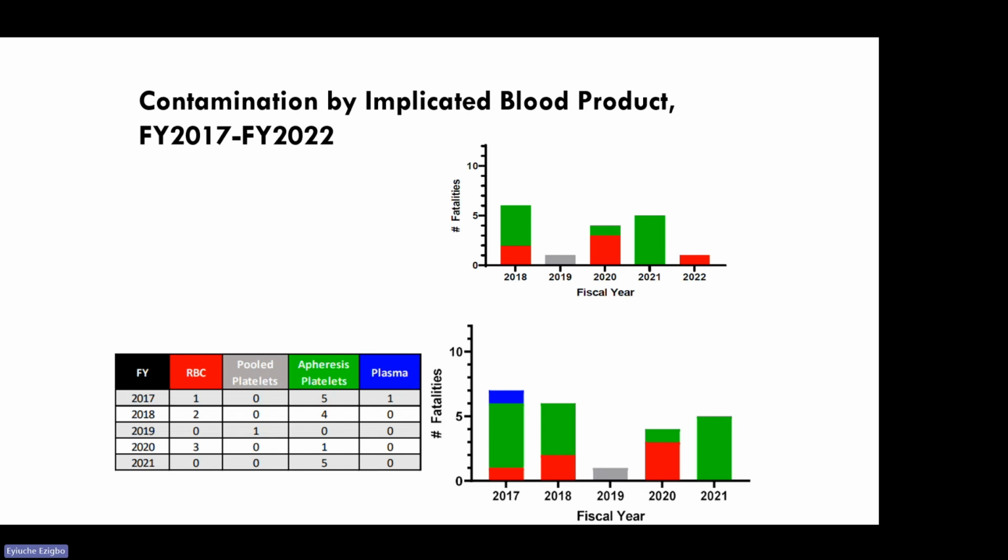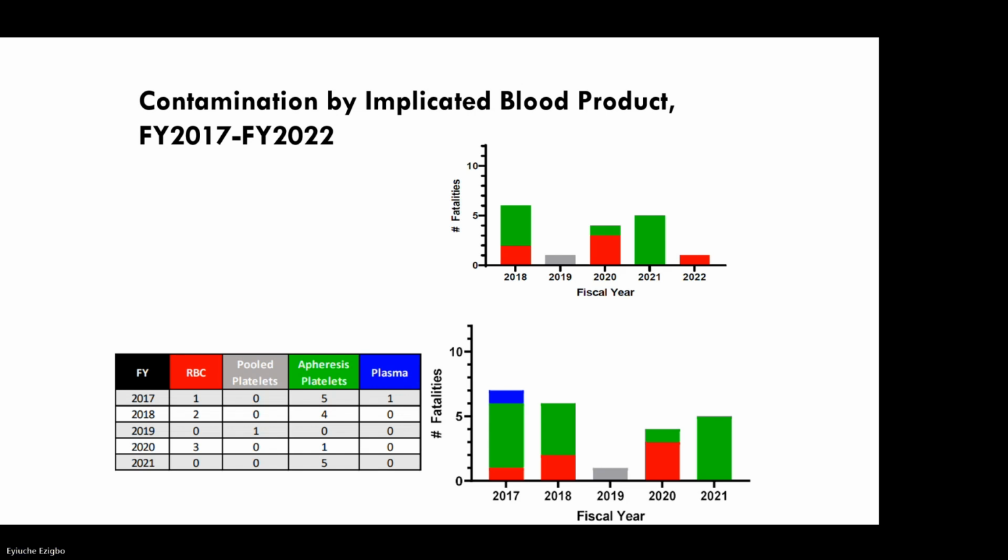When you look at this data, you can see as at 2018, the same as at 2021, apheresis platelets are mostly contaminated, but as at this data here, 2022, we have red blood cells being more contaminated, and plasma is no more contaminated again.